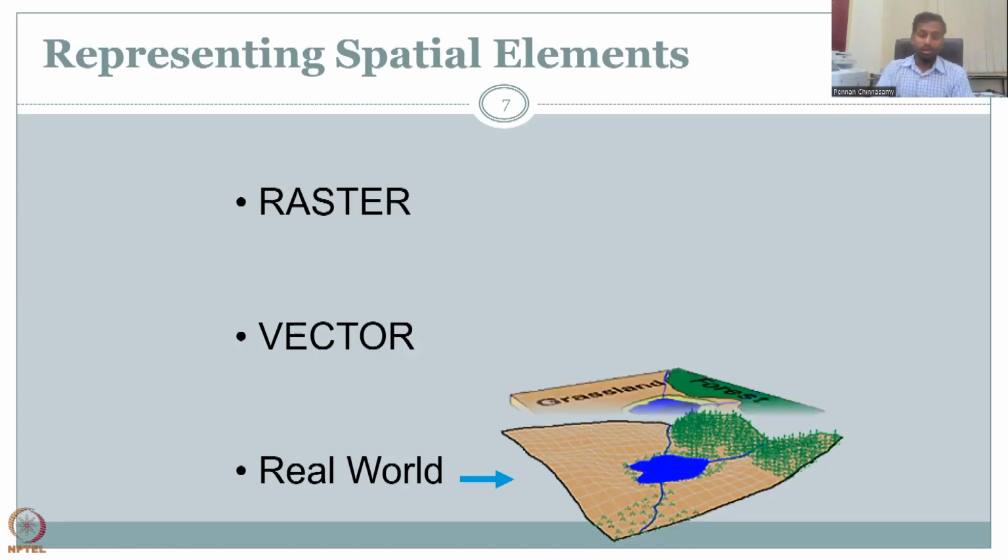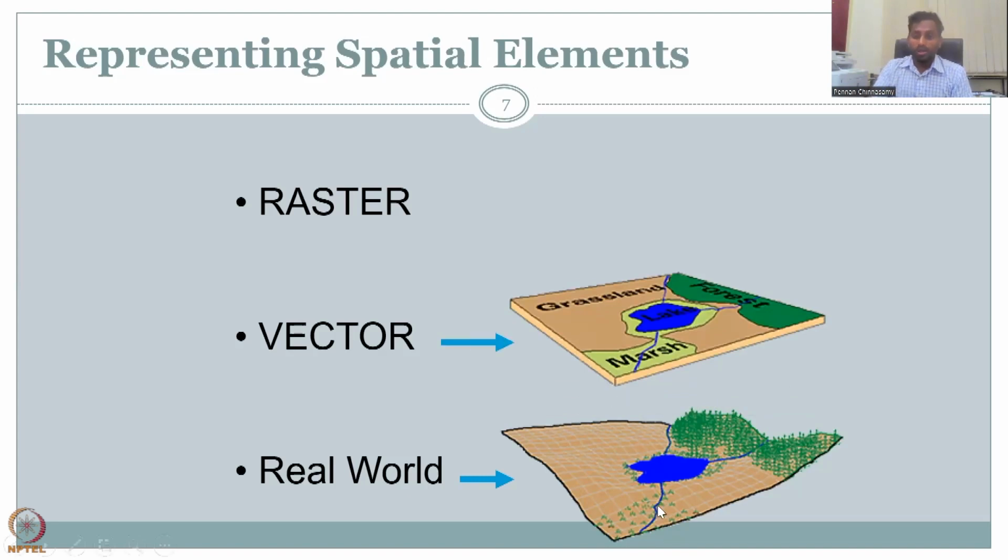In a vector world, how it looks is you are converting that into a 2D surface first, and not all parts of the surface need data, but still the data is represented as grassland, which is the brown, and then this part is the marshy land where some green is there, so light green is given.